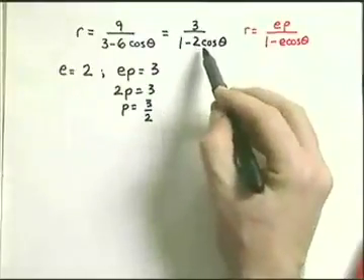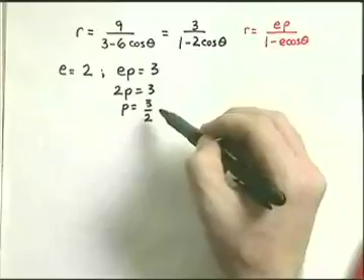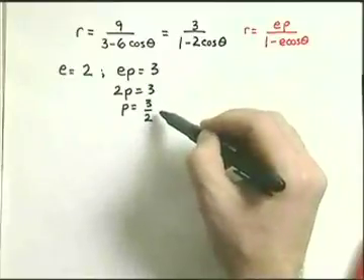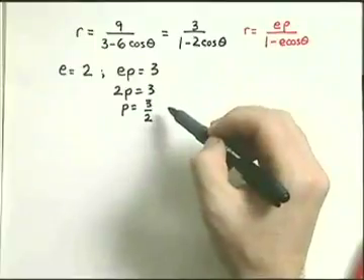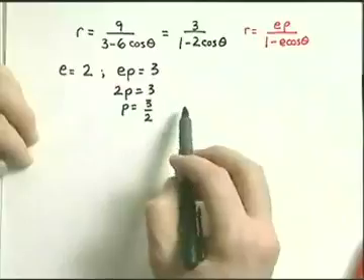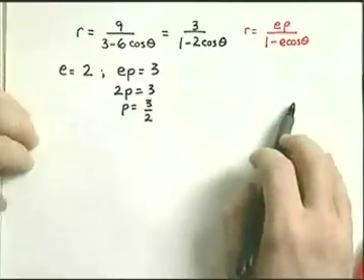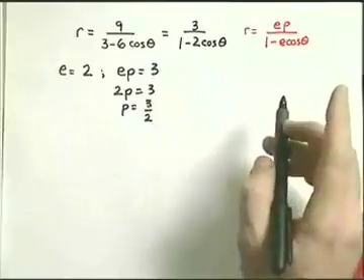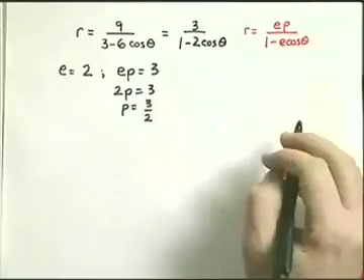This is the equation of a hyperbola because of the fact that e equals 2 is greater than 1. It's a hyperbola whose transverse axis is going to be along the polar axis.